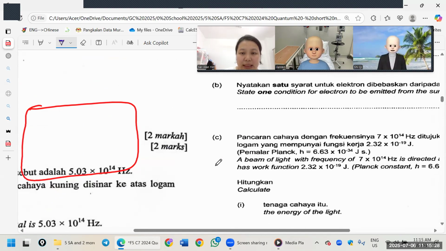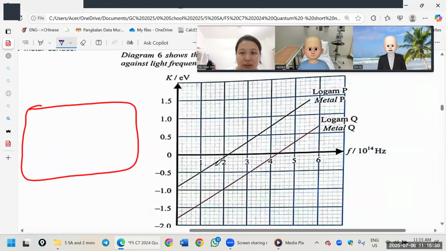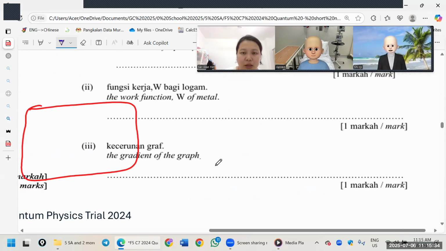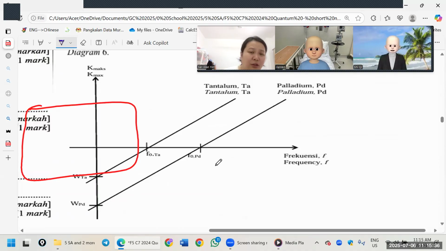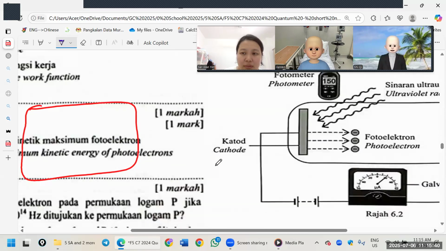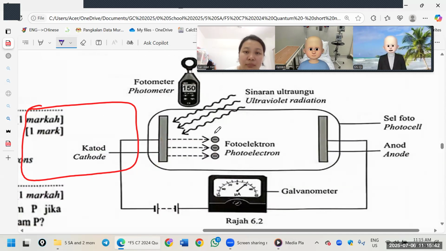It's a circuit. Then you might say, oh my God, graph. I tell you, this graph is very easy to answer. This is the cathode, this is the anode, same as the cathode ray. But this time we don't heat up.